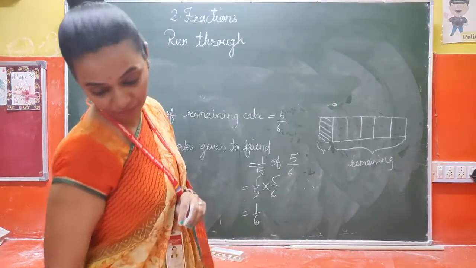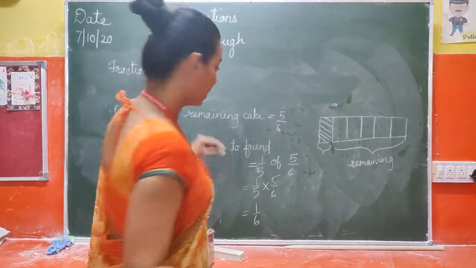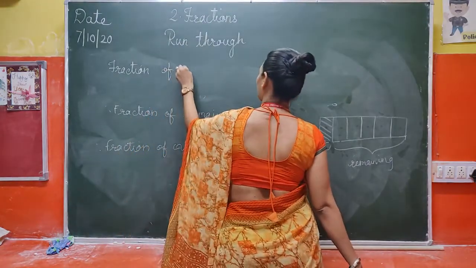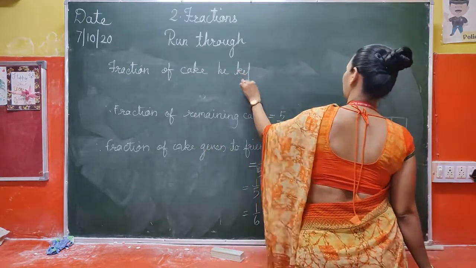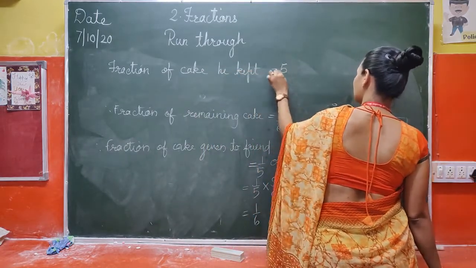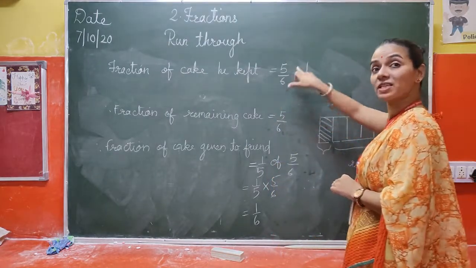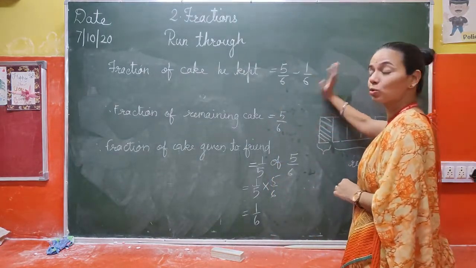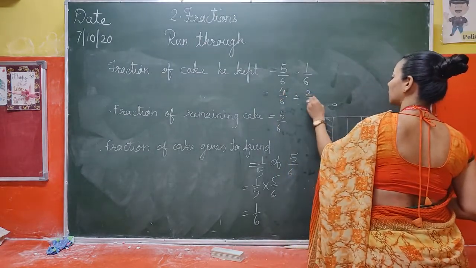The fraction of cake left, or you can say he kept, will be 5/6 minus 1/6. 5/6 was the remaining cake, out of that 1/6 he has given to his friend. So the remaining will be 4/6, that is 2/3.